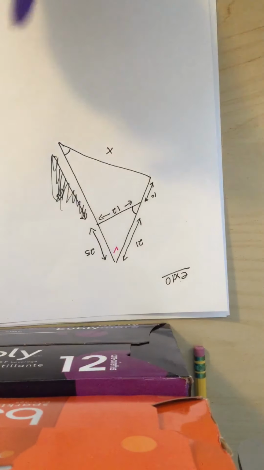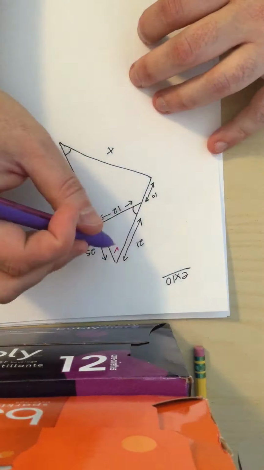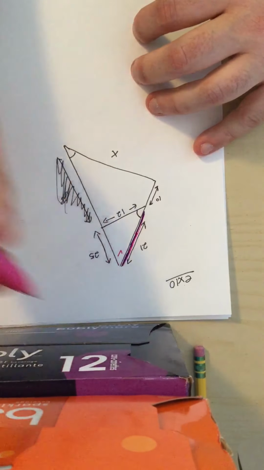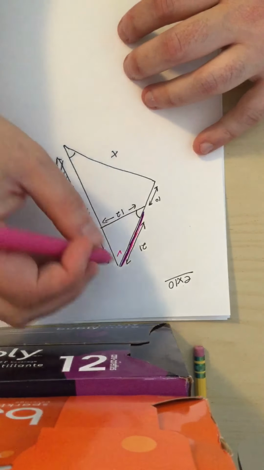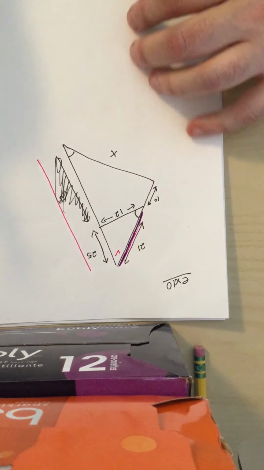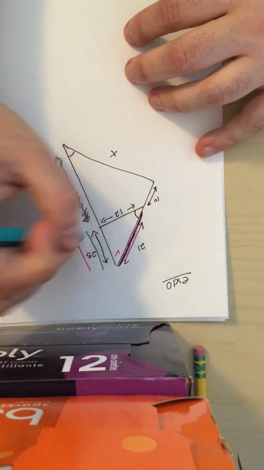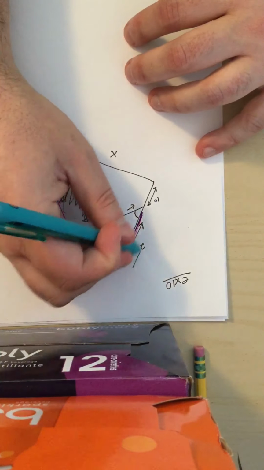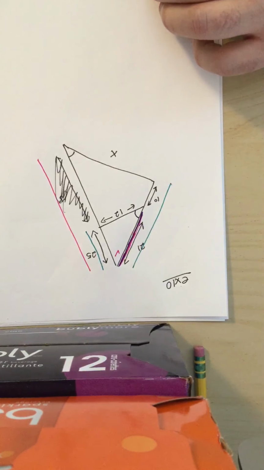So we're going to color the corresponding sides. So this, I should use purple. This corresponds to the whole thing over there. And then that of the small triangle, between check and blank, corresponds to that.